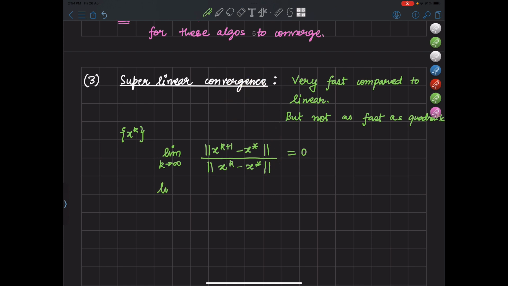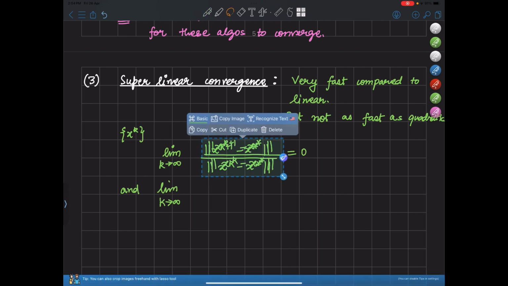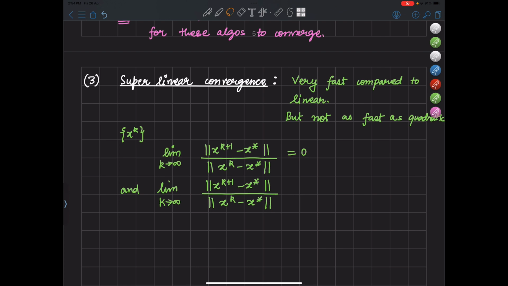And the limit as k tends to infinity of the same thing but with second order is infinity. So basically if I square it up, it becomes infinity, which means it is slower than quadratic.